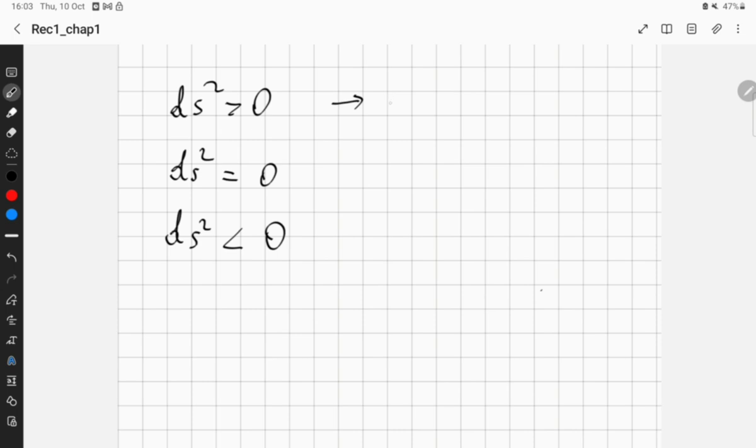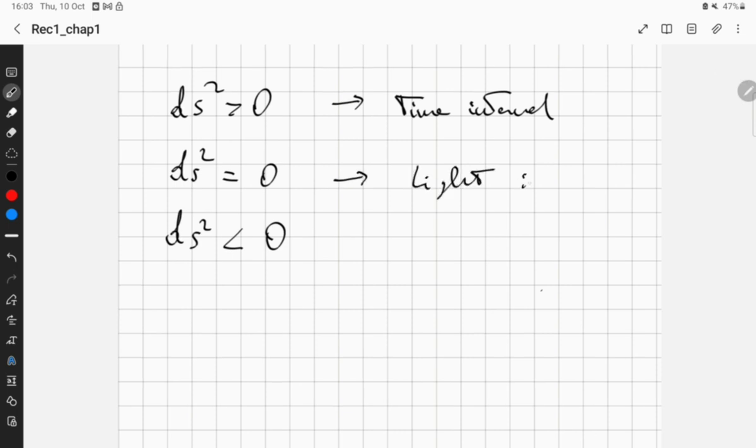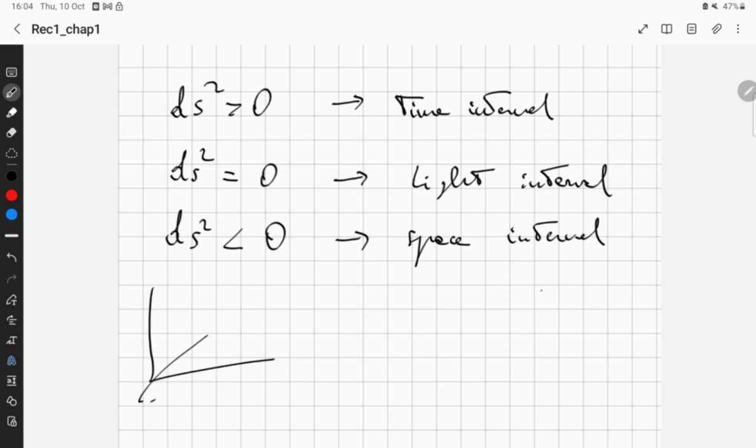The positive square of the metric defines an interval which is called a time interval. That equal to 0 defines a light interval, and that negative is the space interval.